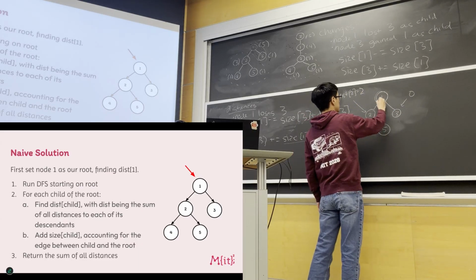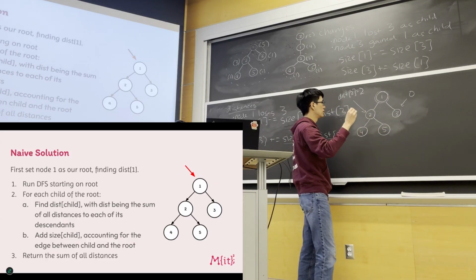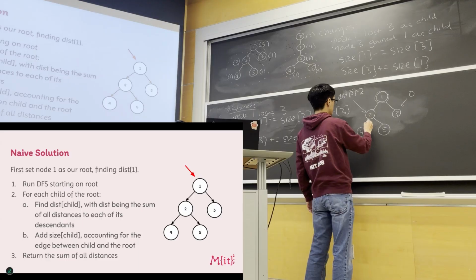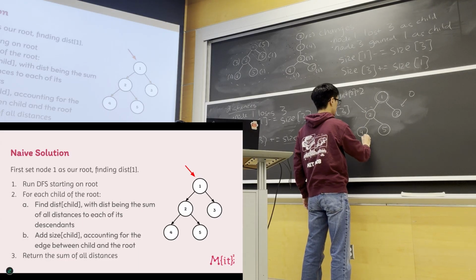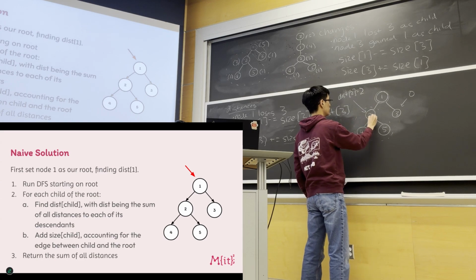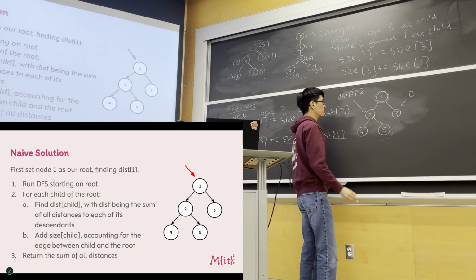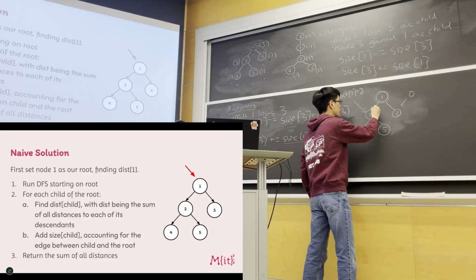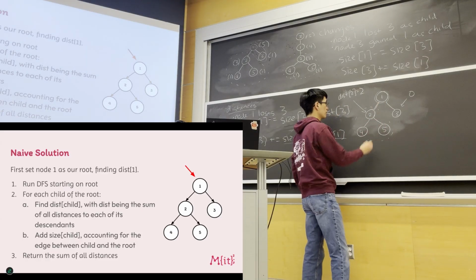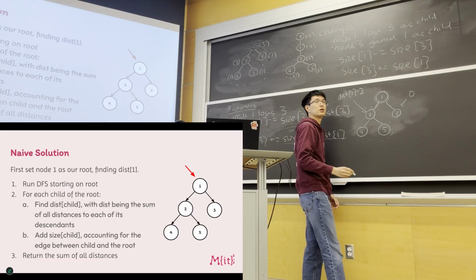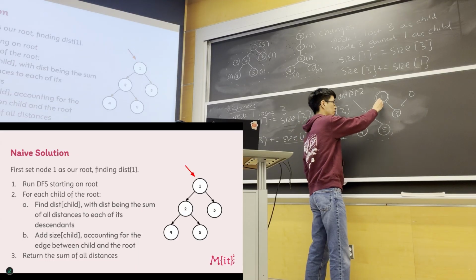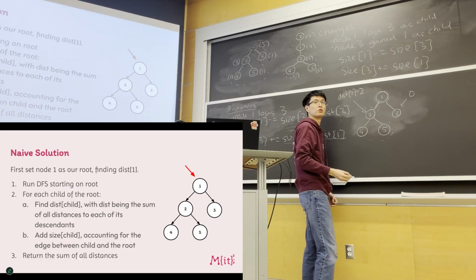So how can we calculate the distance of everything to 1? Well, the distance of this subtree relative to node 2 is 2. But relative to node 1, there's an extra edge in between. So for every node in this subtree, the distance to node 1 is 1 more than the distance to node 2.